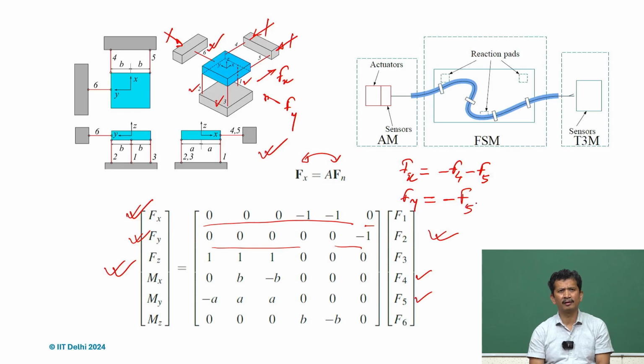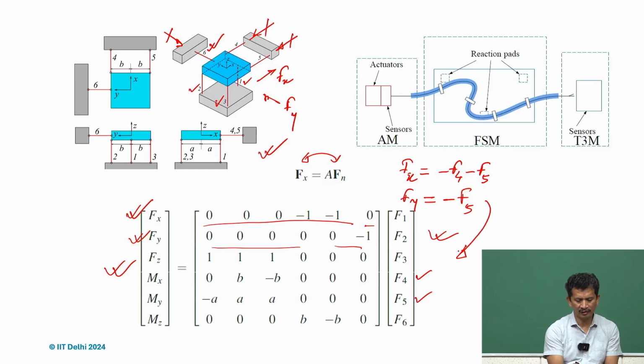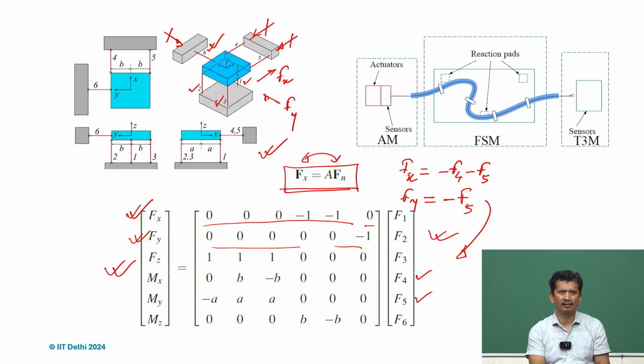Likewise, you can write all of this and convert it into matrix form, a very simple notation. The force vector comprises f x, f y, all the components, 6 components. Whenever we say force, it also includes the moments or torques.